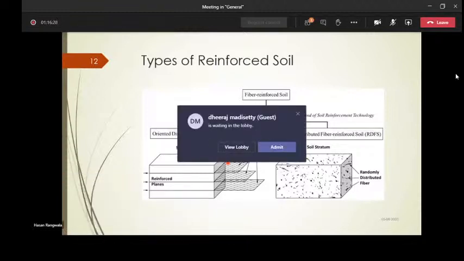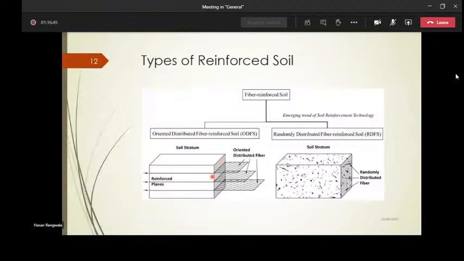Okay, you can see various types of reinforcements, geosynthetics available in the form of strips, grid, net, to mat. Okay, and which can be arranged in a systematic manner, okay, between the soil layers.